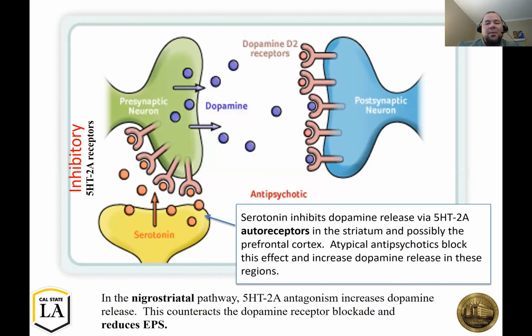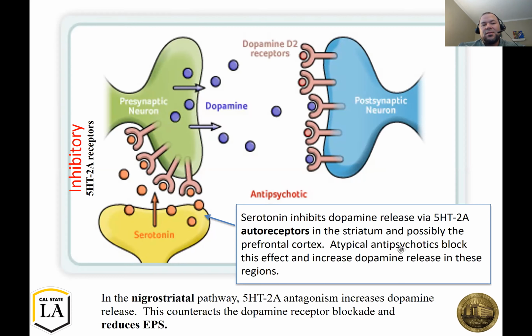So what ends up happening, which is kind of interesting for this class of drug, is in the nigrostriatal pathway, and remember, the extrapyramidal side effects end up being this issue that looks very similar to someone who has Parkinson's disease. It's the grimacing, it's the postural abnormalities that we talked about, the EPS symptoms, right?